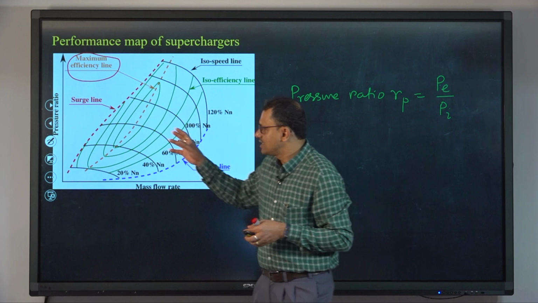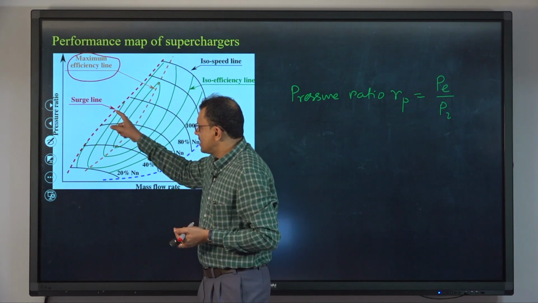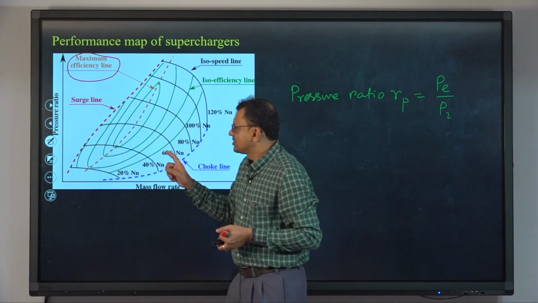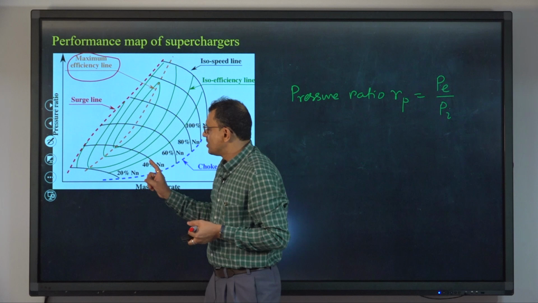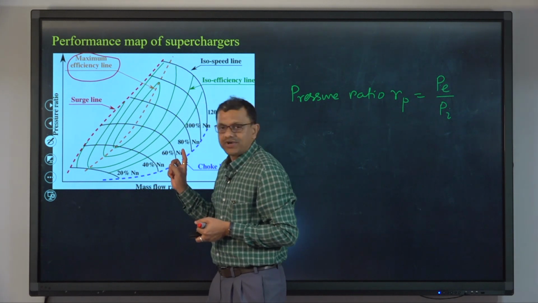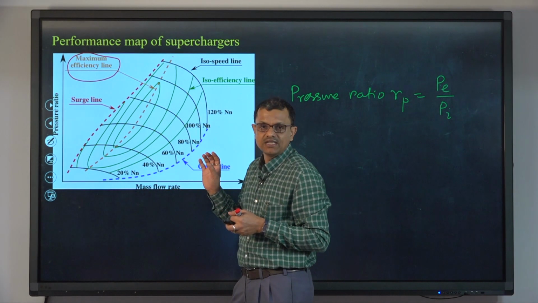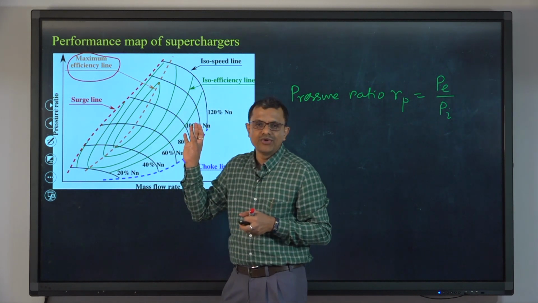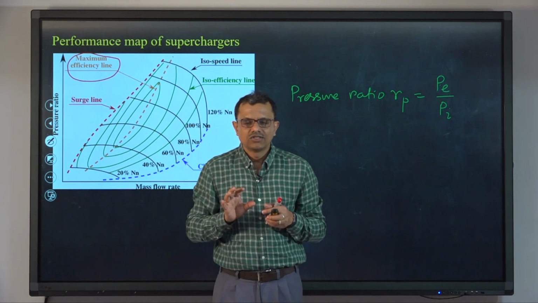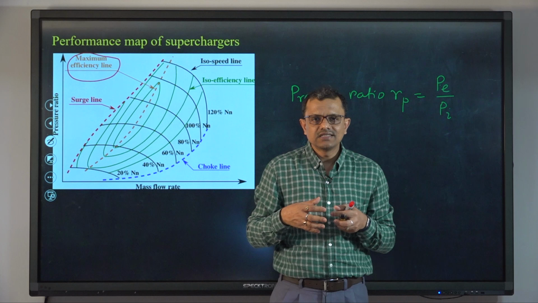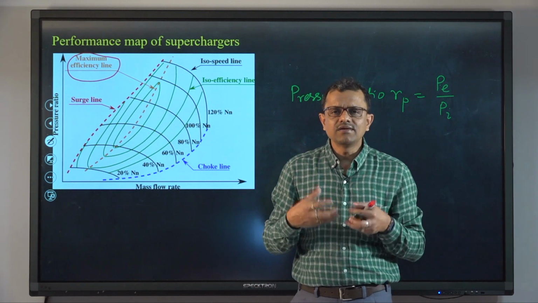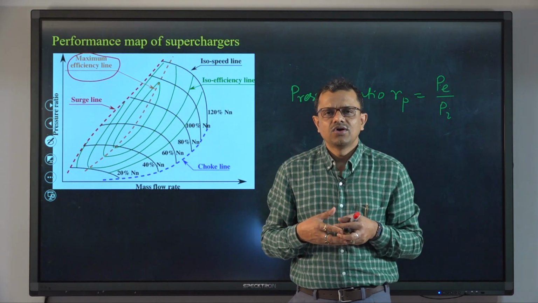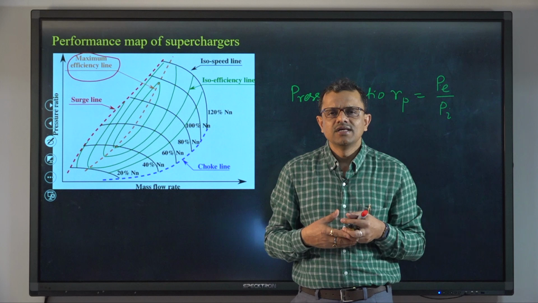So, this is not desirable at all. We need to know a particular mass flow rate for a given speed for which we will obtain this surge line. Let me tell you once again, this is a very undesirable phenomenon of compressor operation.